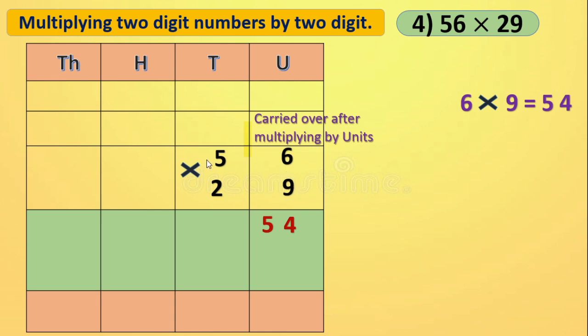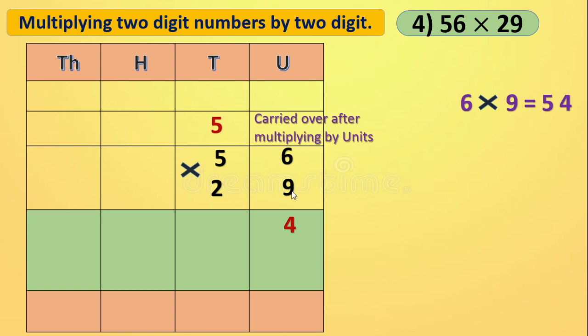Okay, see here 56 multiplied by 9. We get 54 and double-digit numbers we will get. Then the carried over numbers we will write in this row, first row. Okay, see here 6 9s are 54, right? 4 will remain here, 5 will move to the tens place, correct? So we will write here. See, this is carried over after multiplying by units.